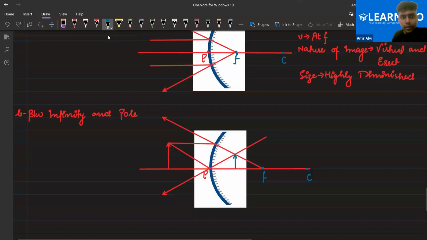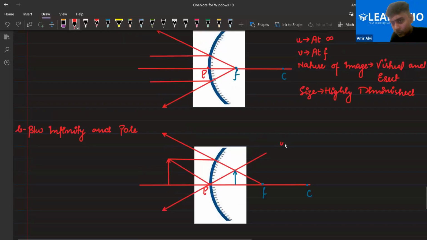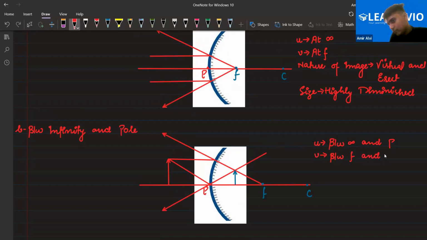So let me write it over here. Pole P is between F and P.